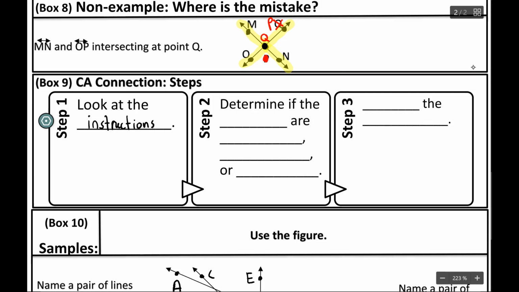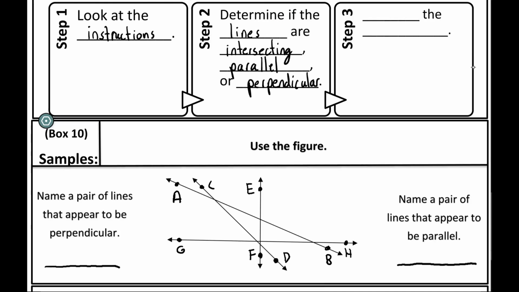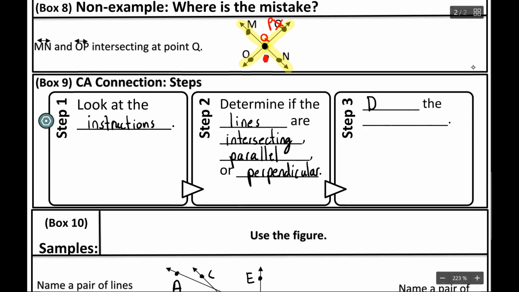Step 2, we are going to determine if the lines are intersecting, parallel, or perpendicular. Step 3, we are going to draw the figure. Okay, just making sure. Draw the figure. And that's it, okay?